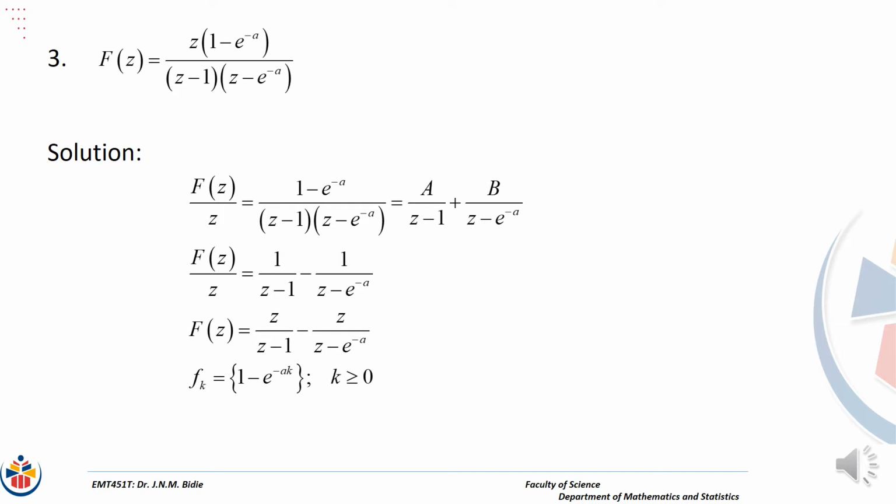Once again, first things first, take Z to the left-hand side so that you get f of Z over Z, and then be able to get the partial fractions. And then I got 1 and negative 1, and then multiply with the Z both terms, and that's the final answer that we got.